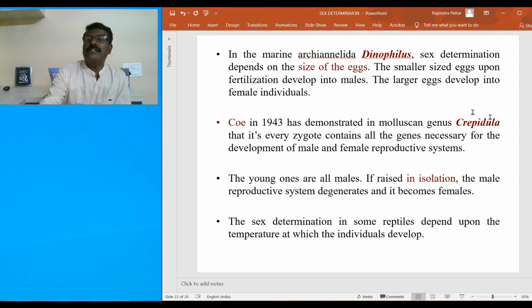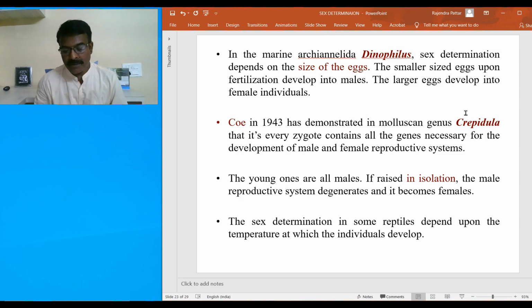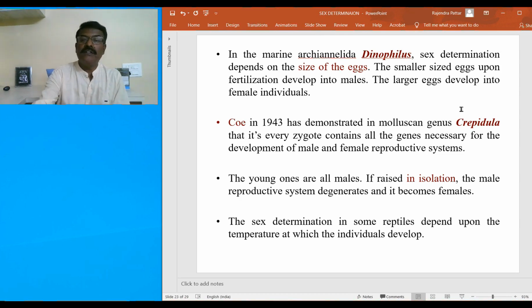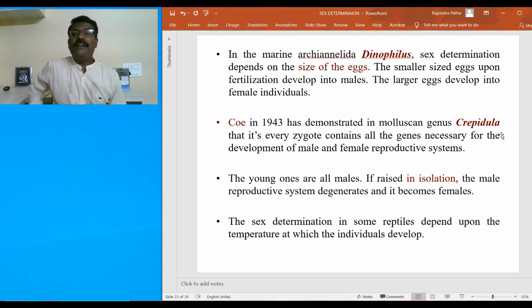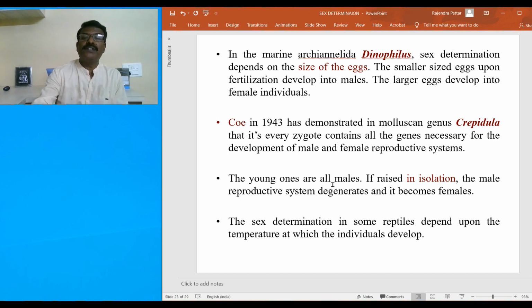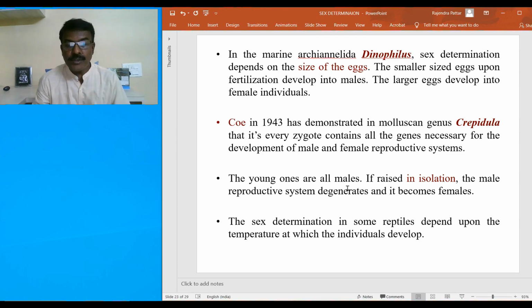There is one more example. It is a molluscan, a bivalve shelled animal, Crepidula. In this genus, what happens? Here, particularly, look at the area where it develops after fertilization. The Crepidula individual will develop as a male, sexually determined already.